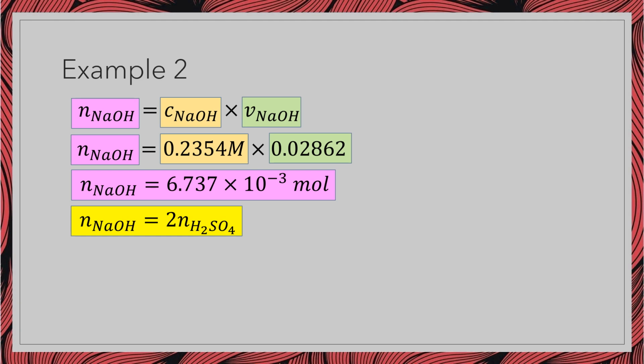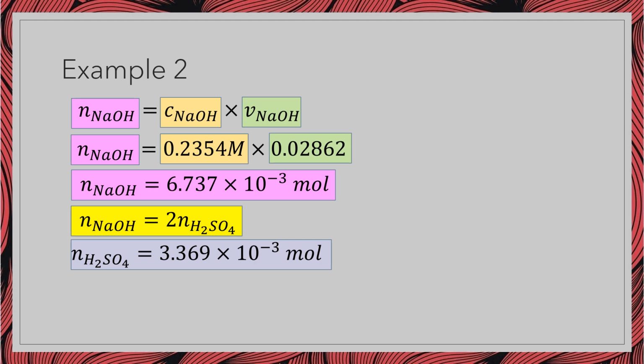So number of moles of sodium hydroxide is 2 times the number of moles of H2SO4. So therefore, the number of moles of H2SO4 is half of our sodium hydroxide value. So 6.737 times 10 to the minus 3, divide that by 2, gives us 3.369 times 10 to the minus 3 moles of sulfuric acid.